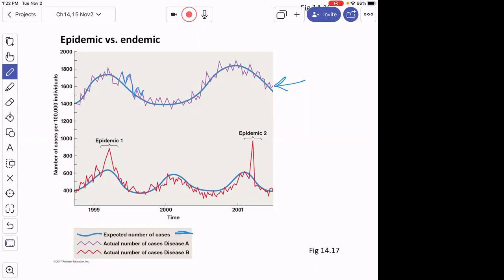Kind of fluctuates up and down. But we always have something like flu with us. Where a disease can be considered epidemic, there's way fewer than that endemic disease, but if you have a much higher than the normal amount at any one time, then it's considered epidemic.